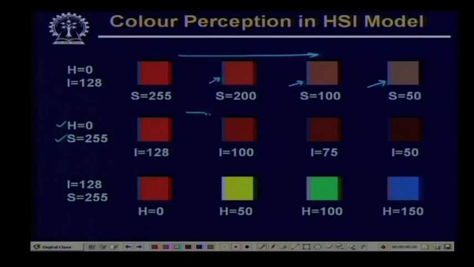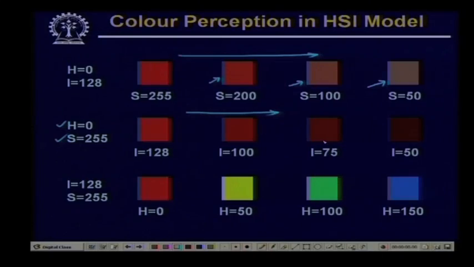As we move from left to right in the second row, they are still red, but the intensity of the red goes on decreasing. If you note the difference between the first row and the second row, in the first row it appears that some white light has been mixed with the red, whereas in the second row there is no such appearance of mixing of white light, but it is the intensity which is being decreased.